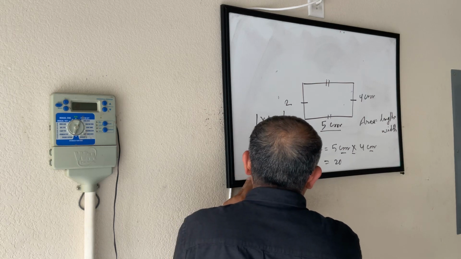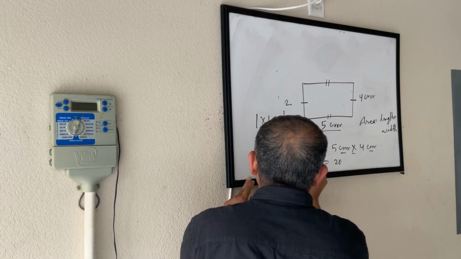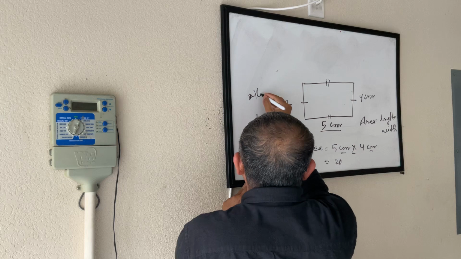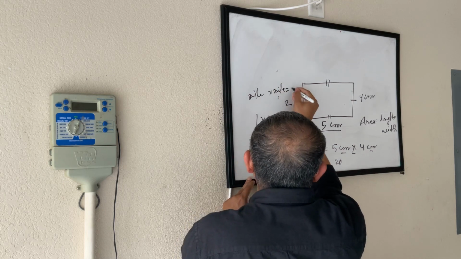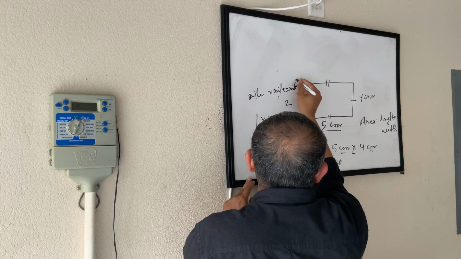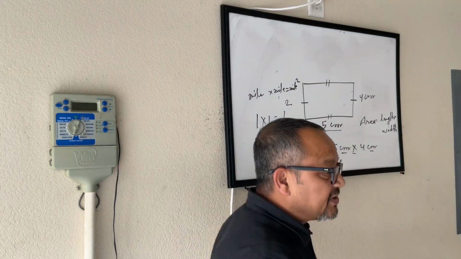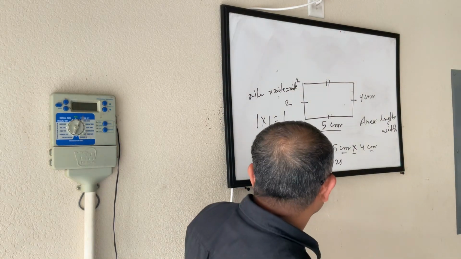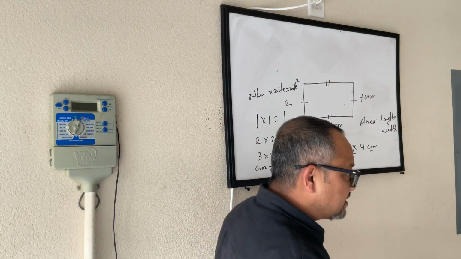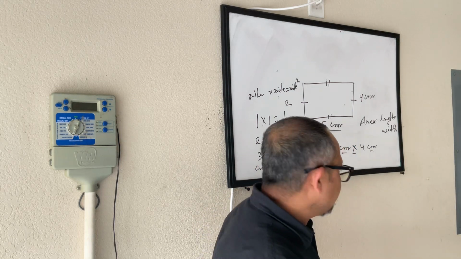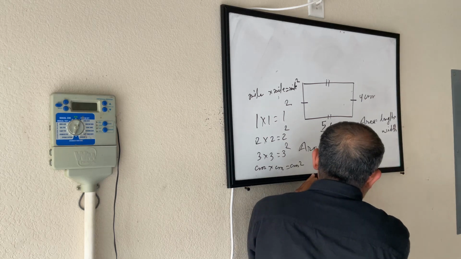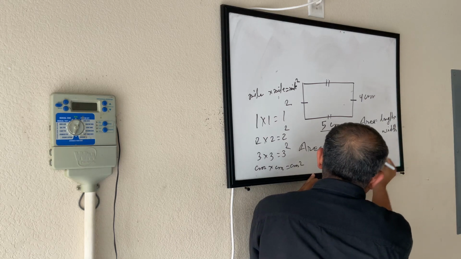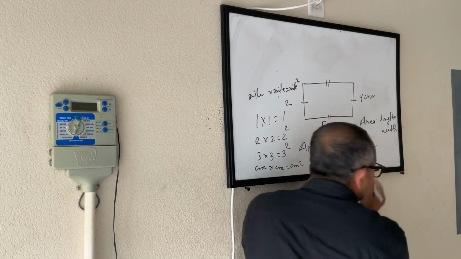Centimeter into centimeter will become centimeter square. Mile into mile will become mile square. So this square is nothing but a representation which says if something is multiplied by itself twice, it becomes square. Same way here, you multiplied 5 into 4, that became 20. Centimeter into centimeter becomes centimeter square.